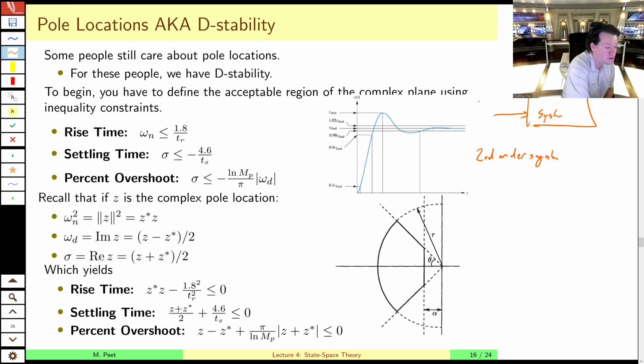What is a step input? A step input is an input that looks like this. This is u of t. At time 0, it's 0, and after time t, it's 1. So that's a step input. This is the response of the system to a step input. This is y of t, the output.